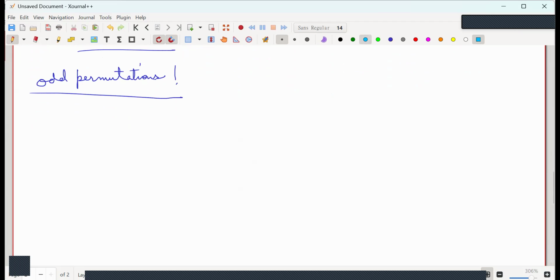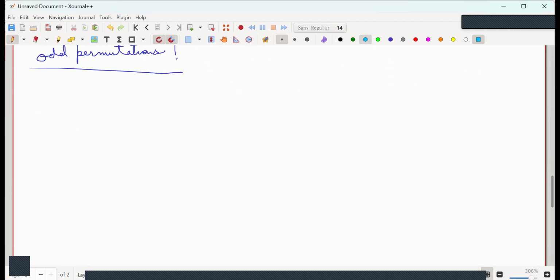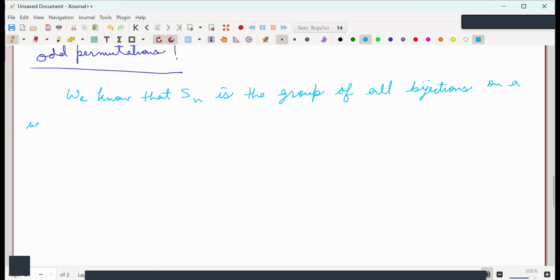We know that Sn is the group of all bijections on a set of size n, right?